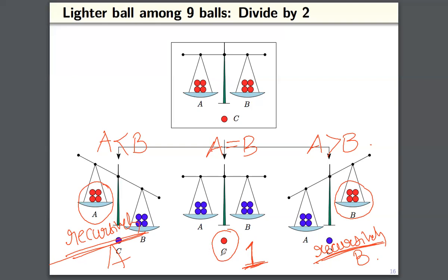Here you are 100% sure that if this is the case, C has the lighter ball. Make sense? See, having red means the lighter ball is one of those balls. Blue means they are normal balls. There are no problems with these balls, right? Red means the lighter ball appears in one of those red balls. So hence I have shown A as red and B as red here. Make sense?